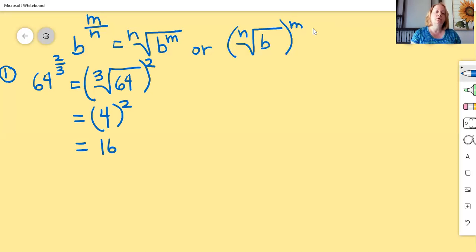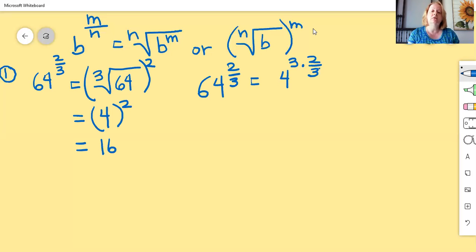Okay, so there's another way you could think about this problem too. 64 to the 2/3. So let's just leave it in exponential form. So I know that 64 is 4 to the 3rd times 2 over 3.